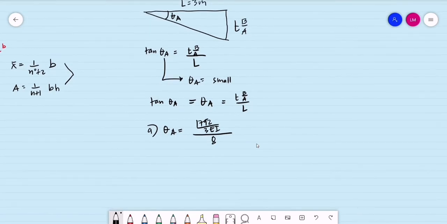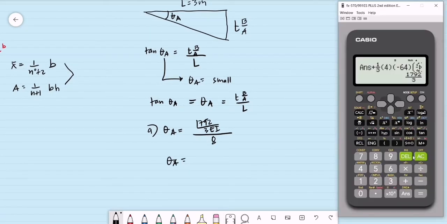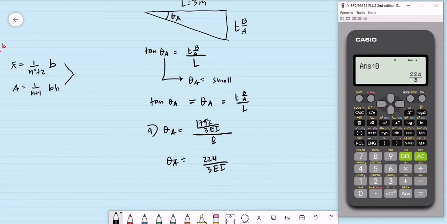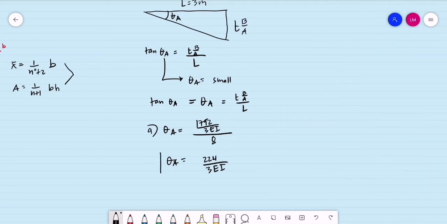So the rotation theta A is 1,792 divided by 3, then again divided by 8. We have that as 224 over 3 EI. So this is the rotation at A. If we consider the unit, this is the same as kilonewton meter squared.